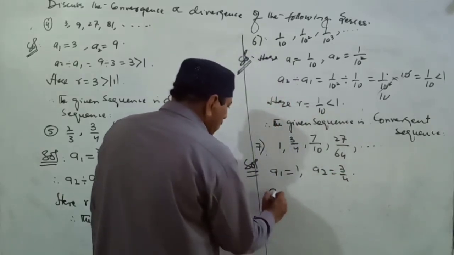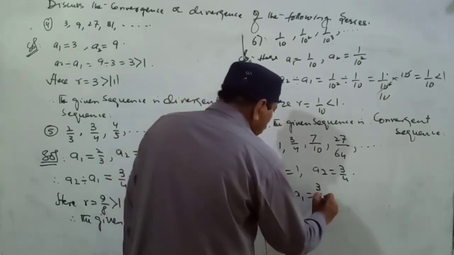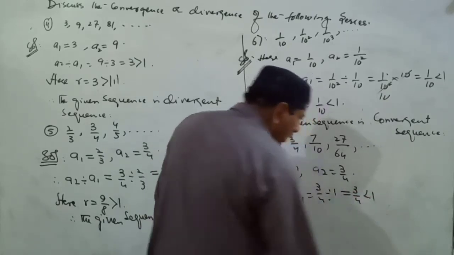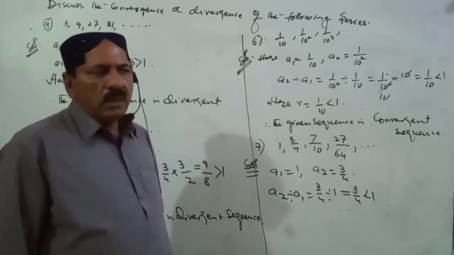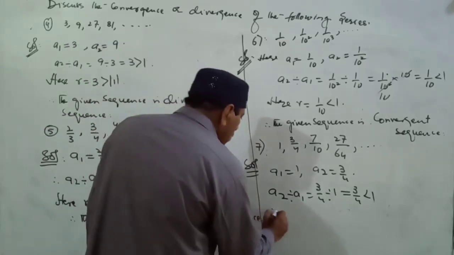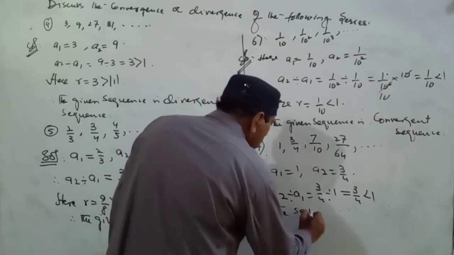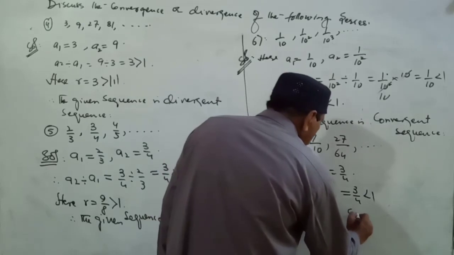So when we make the division, A2 divided by A1 is equal to 3 upon 4 divided by 1, which is equal to 3 upon 4, which is less than 1. If the division is less than 1, then therefore the sequence is convergent sequence.